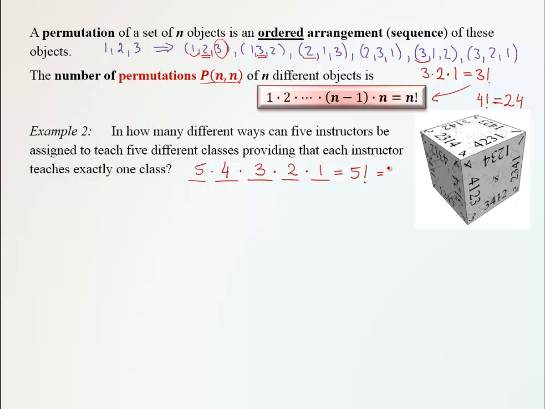Well, this is a permutation of 5 elements out of 5 possible. So it is indeed 5 factorial. And how much is 5 factorial? Well, we can either calculate this by hand or use your calculator: when you push the button Math, scroll to Probability and use number 4 for factorial. That becomes 120 ways.